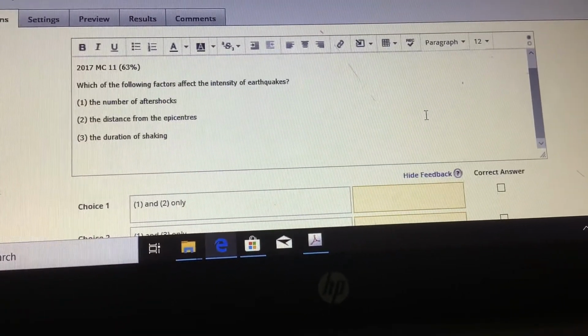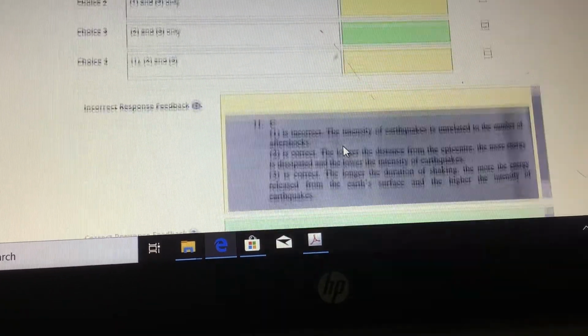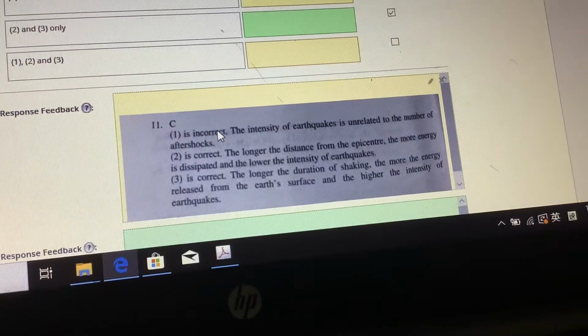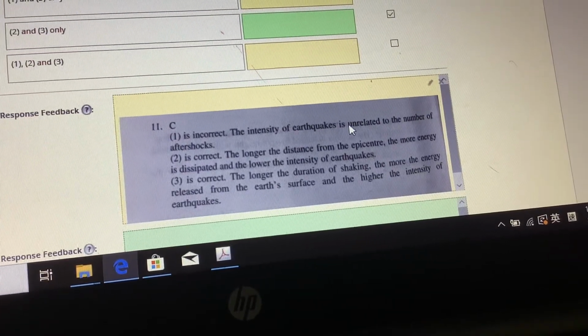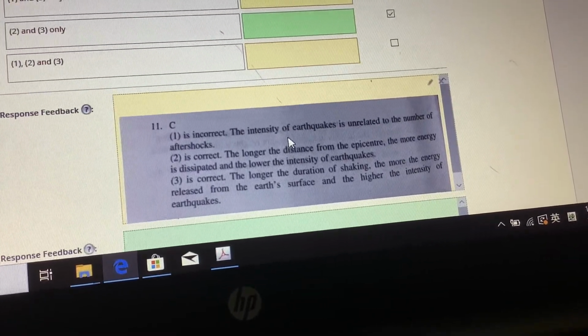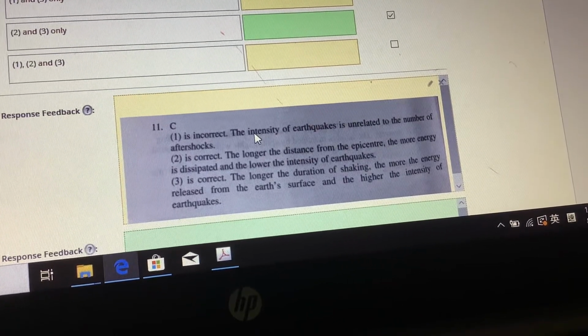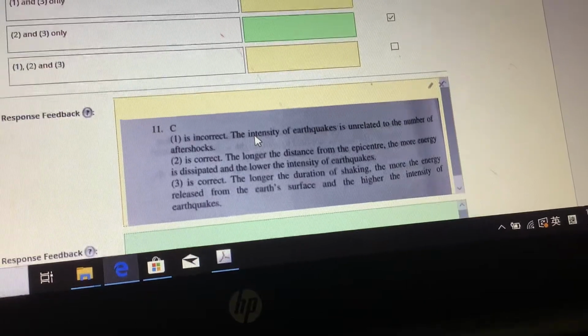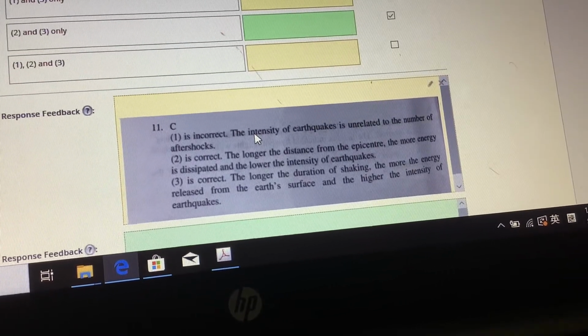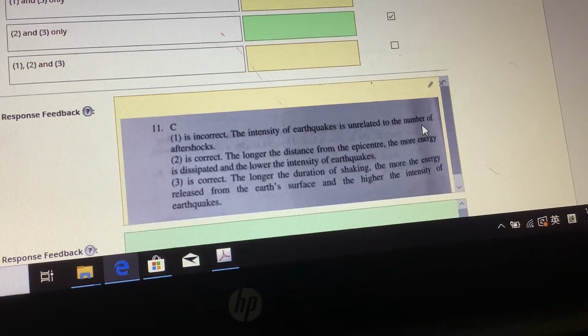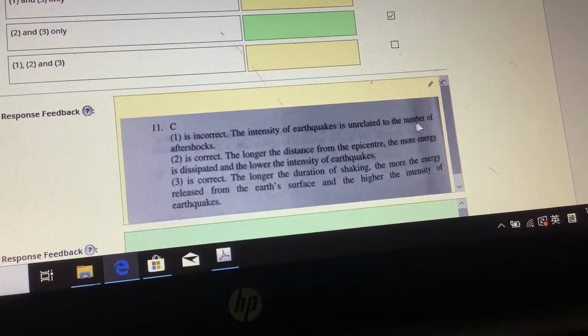Let Mr. Leung be lazy for one or two questions. Number 1 is incorrect because the intensity of an earthquake is not about the magnitude. Intensity is just talking about the main earthquake, so it is not related to the number of aftershocks.